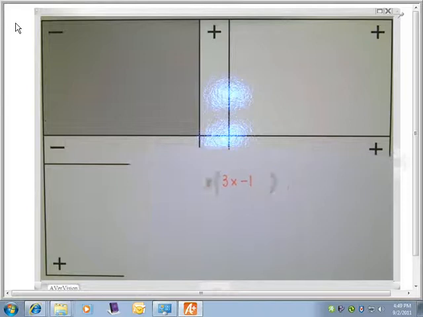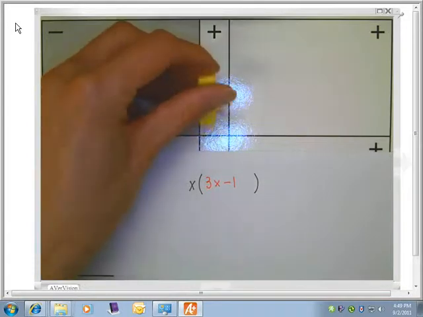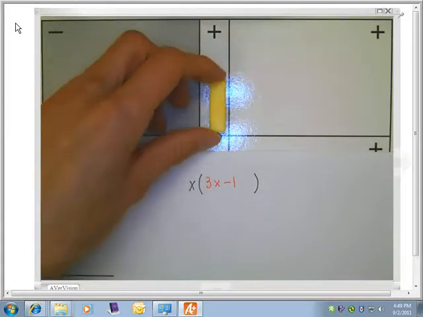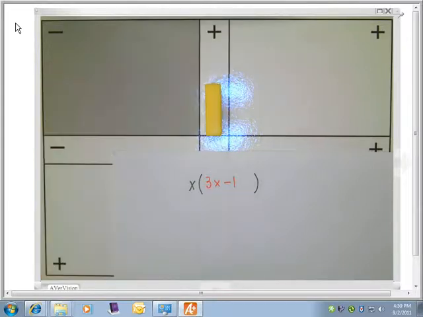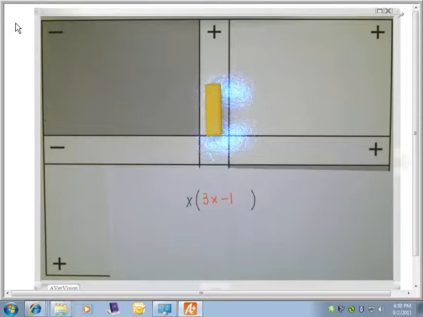Well, x is positive, isn't it? Remember, we're multiplying, so we're looking for area. So I'm going to put that right there. That's in my positive. I could have put it on the other axis. I just chose to put it there. Now, my other expression, my binomial, is 3x minus 1.